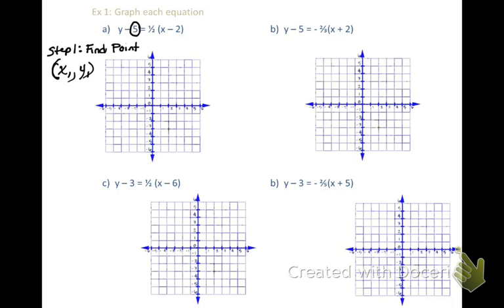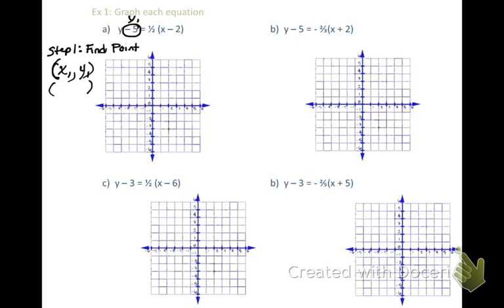Notice it says y minus 5 equals 1/2 times x minus 2. So you're going to take the sign that's in front of it also. And that's your y1 right here.